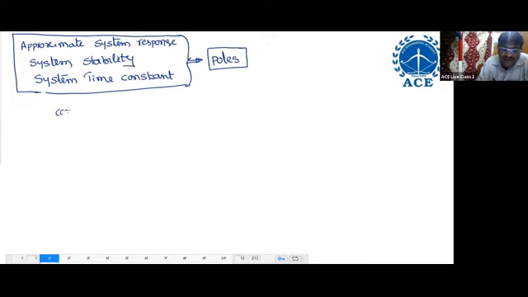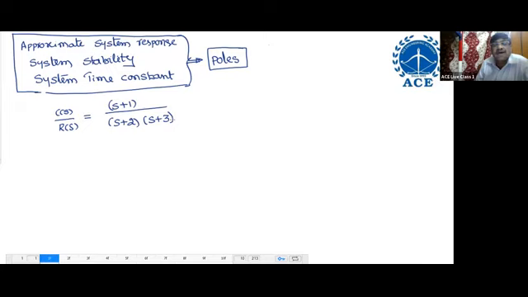See, for example, C of S by R of S equal to S plus 1 divided by S plus 2 into S plus 3. It is a simple transfer function. So now, why are we considering only poles? Why not zeros? For stability also we observe only poles. If somebody asks whether the system is stable or not, we observe only poles.